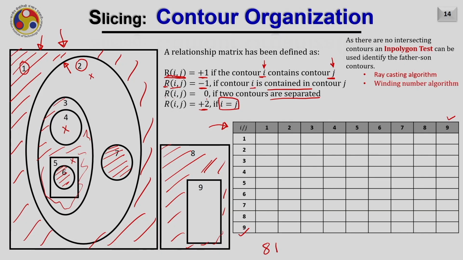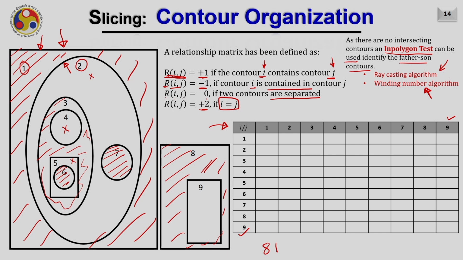In other words, as there are no intersecting contours, an in-polygon test can be used to identify the father-son contours. There are several algorithms for the in-polygon test, such as the ray casting algorithm and the winding number algorithm. Also, if you are using a platform like Python or MATLAB, in-polygon test libraries are already available. You can directly use them to check whether the point is inside the contour or not.